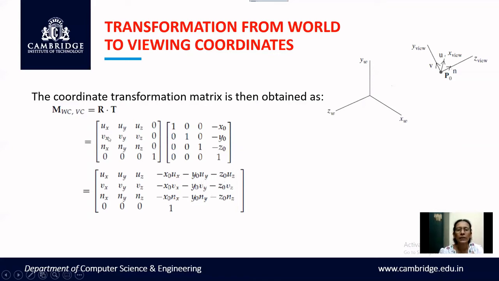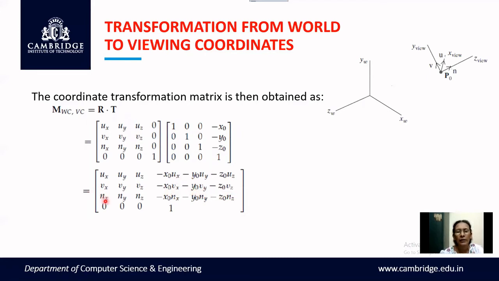The second row, similarly, you get vx, vy, vz into 1, vz, then this would be minus x0 into vx, minus y0 into vy, minus z0 into vz, plus 0. So you get minus x0 vx, minus y0 vy, minus z0 vz.